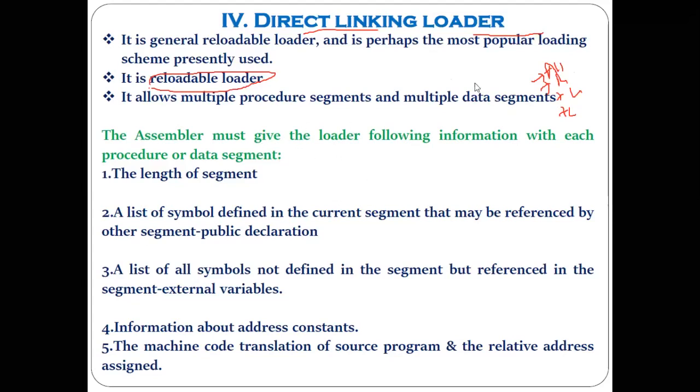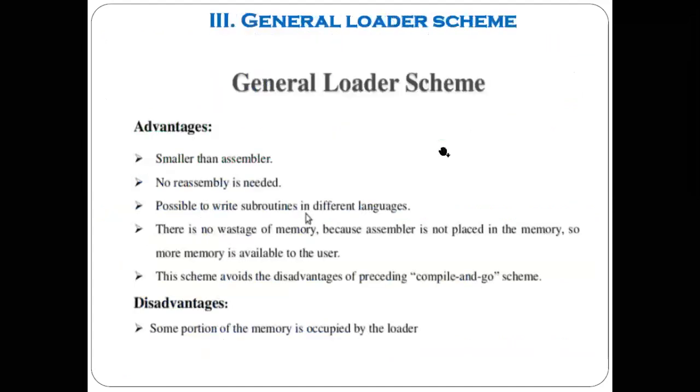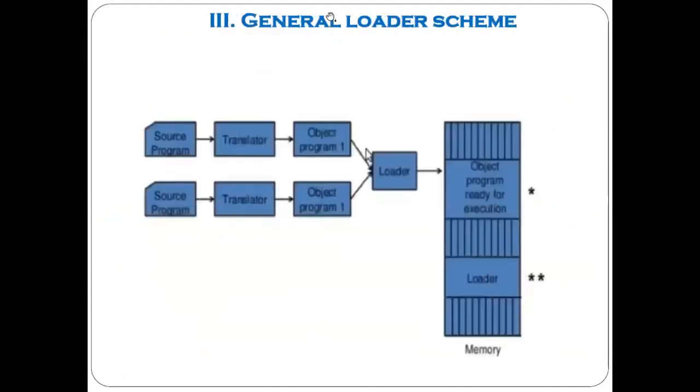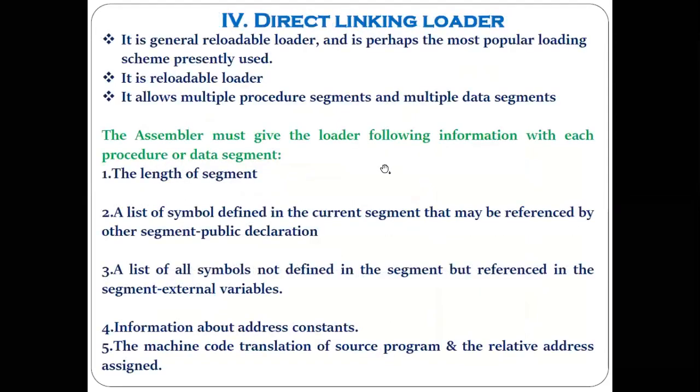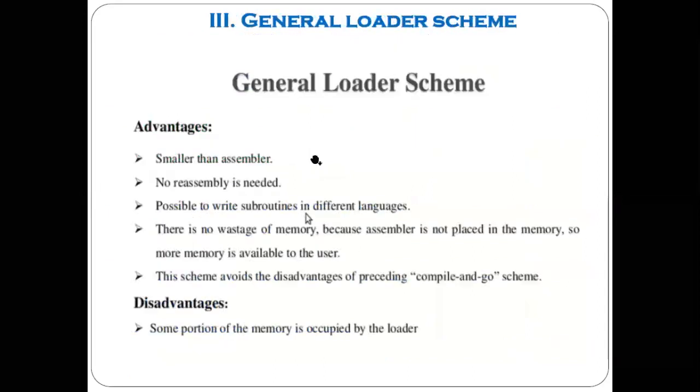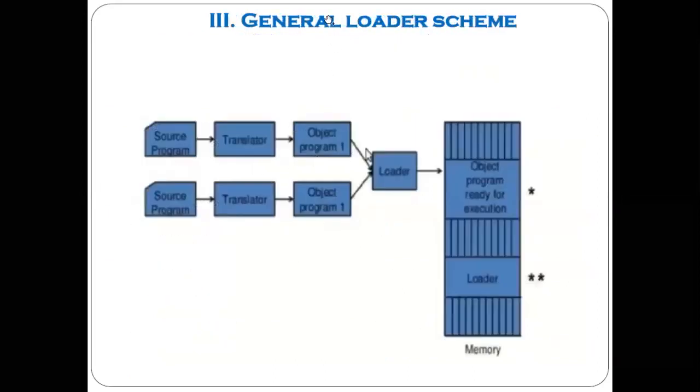As you can see in the previous figure, when the translator, which can be an assembler or a compiler, converts your source program into object programs, the translator has to give some information regarding each particular procedure or segment. So in this direct linking loader, we are going to see what kind of information needs to be provided by the translator to the loader.